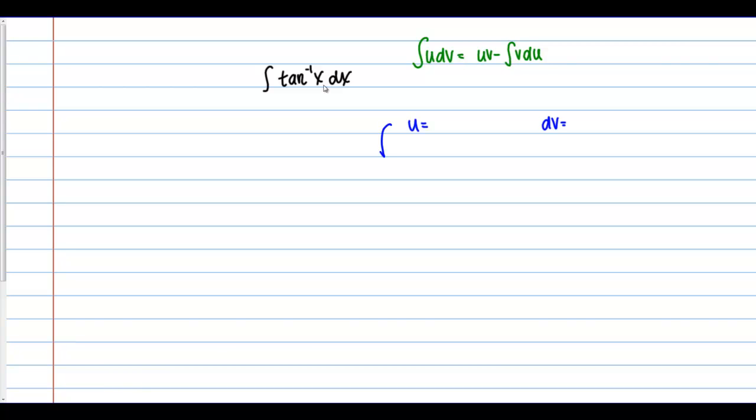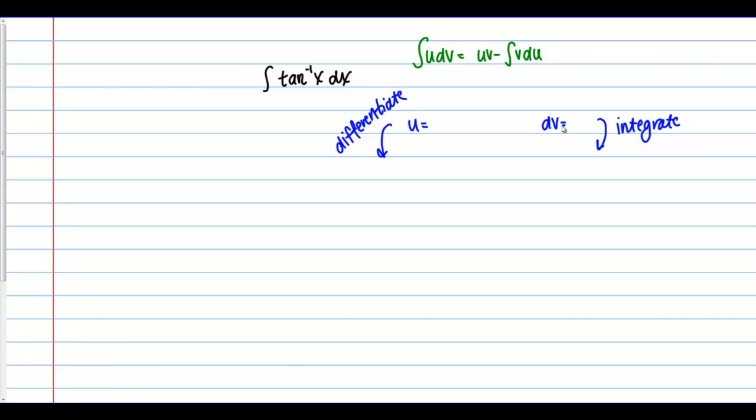Whatever we pick for u, we're going to have to take its derivative, and whatever we pick for dv, we're going to have to integrate it. So we should keep that in mind as we make our choices. I certainly don't want to pick the inverse tangent to be my dv because I don't know how to integrate it. That's what I'm trying to do to start with.